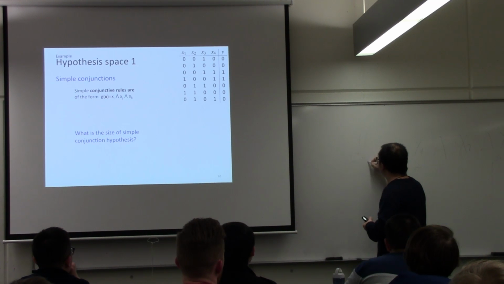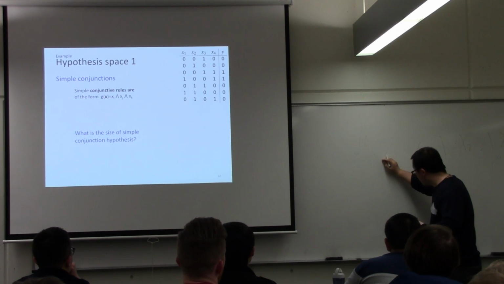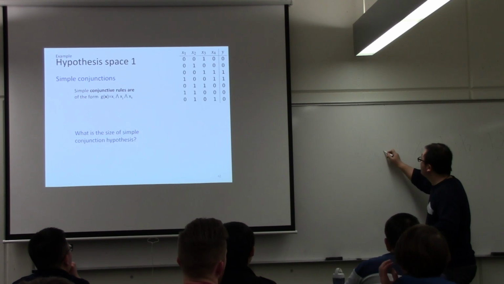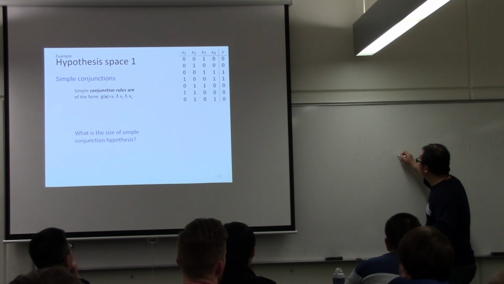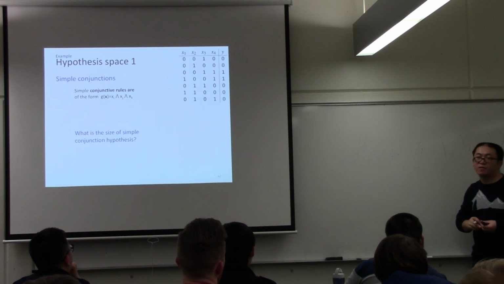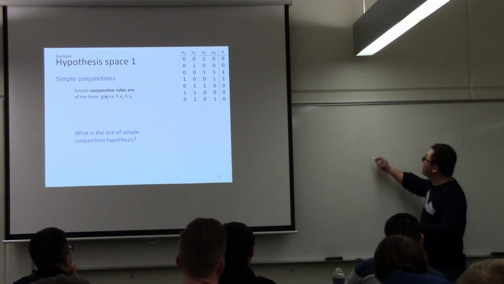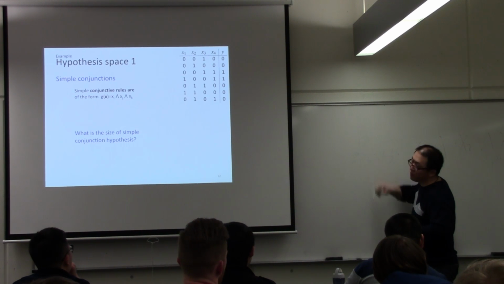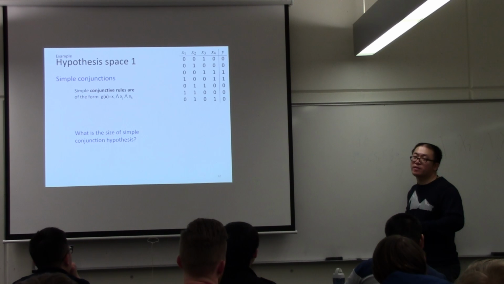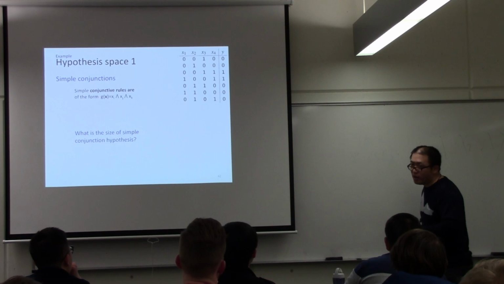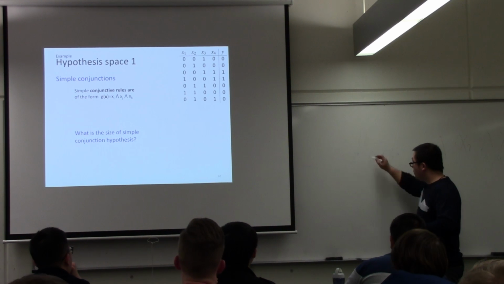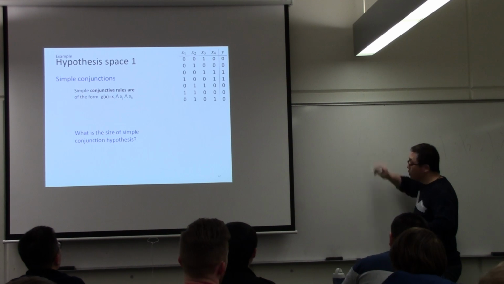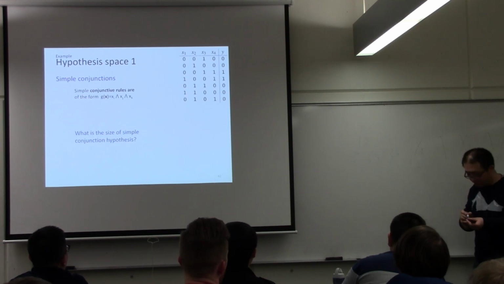Right? This is 65,536. It's much larger than the size of our simple conjunction hypothesis space. Right? Looks like we have successfully reduced the size of hypothesis space.